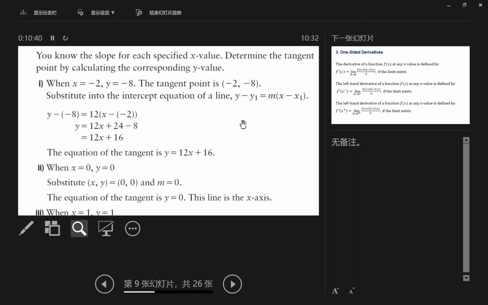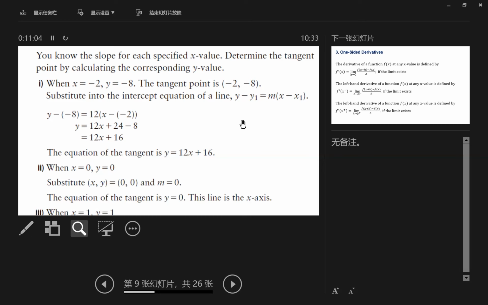Then we know, according to the point-slope form, the equation of that line is y minus y1 equals m times (x minus x1). This is the equation of that line, right? (x1, y1) is a known point on the graph of that line. m is the slope, right?